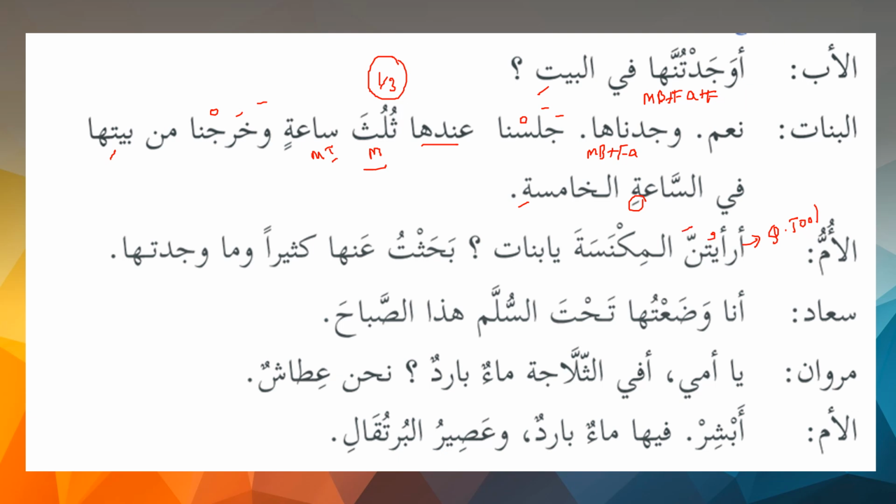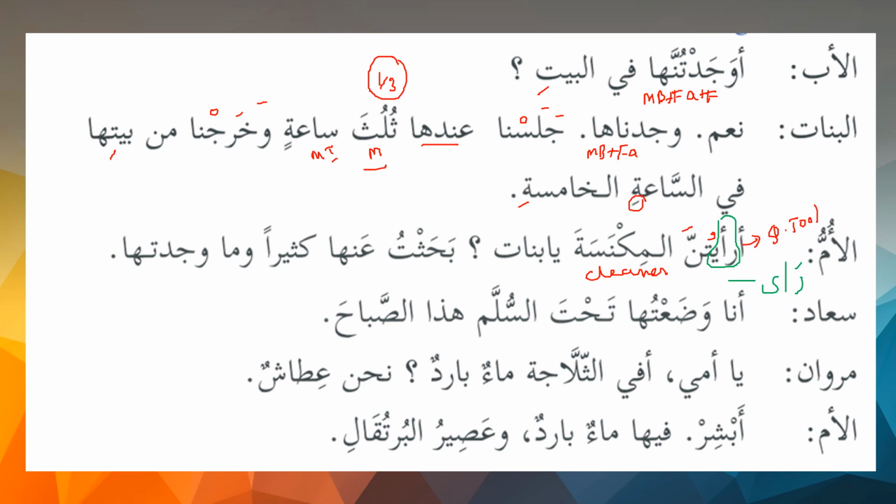Ara'aytunna al-miknasata, the cleaner. Now if I can just divide the fa'il here, ra'ay. So you can see the ya, even though there is no sukoon, the past tense is ra'a, that means to see, and it's with alif makhsura.